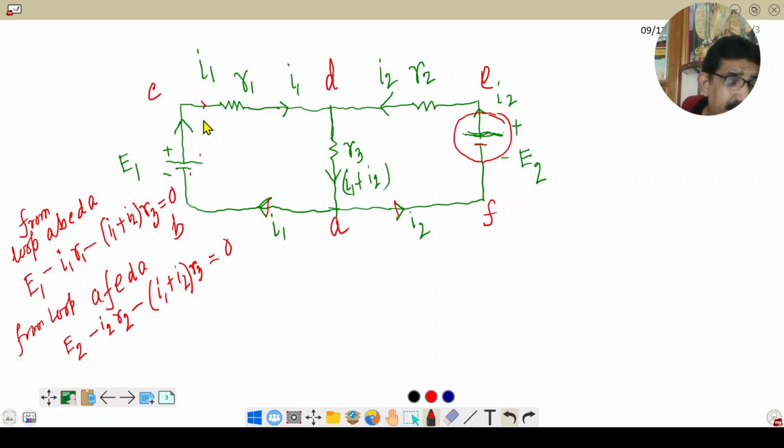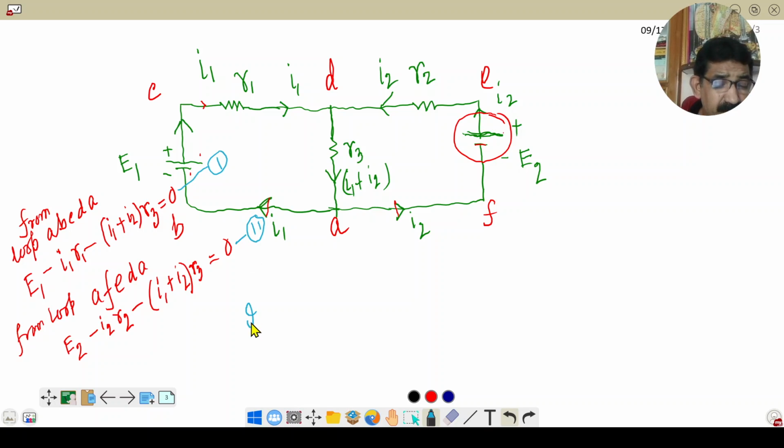So there are two independent equations, equation number 1 and equation number 2.